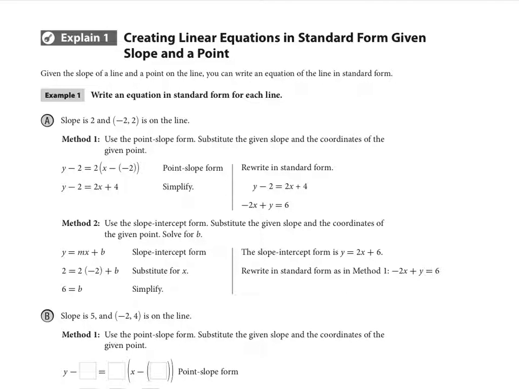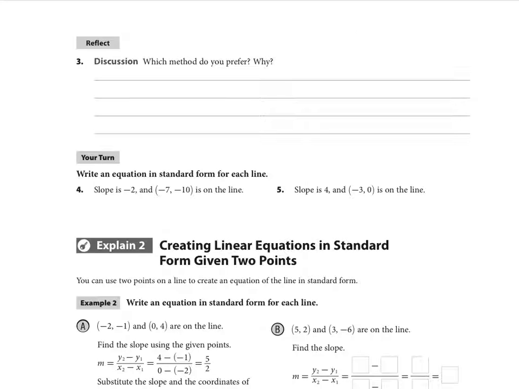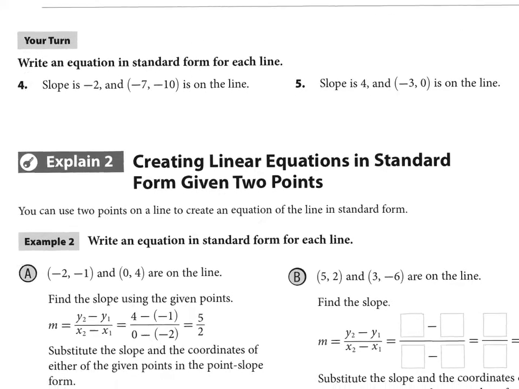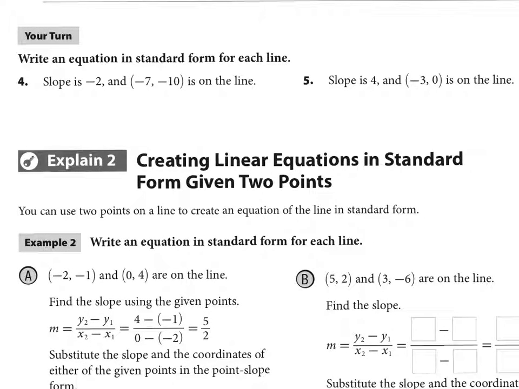Okay, so let's just go ahead and look at some problems. So again, I always encourage you to look at the examples they give you and see how they work them out. But we're going to do these try-it-yourself problems here. So it wants us to write these in standard form with the given information.